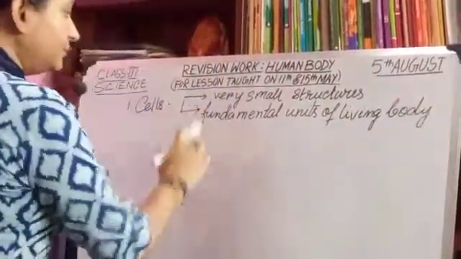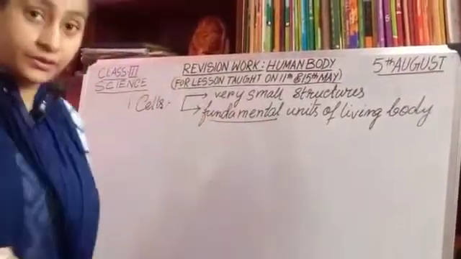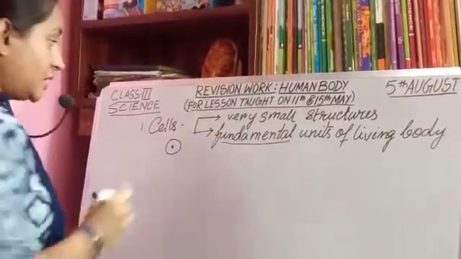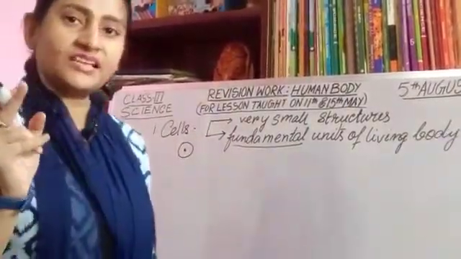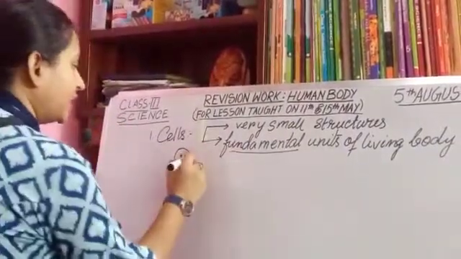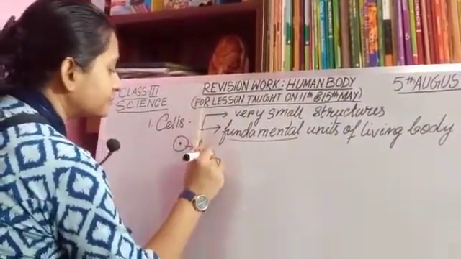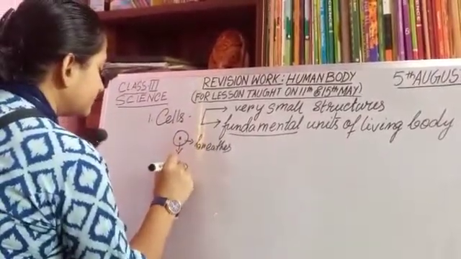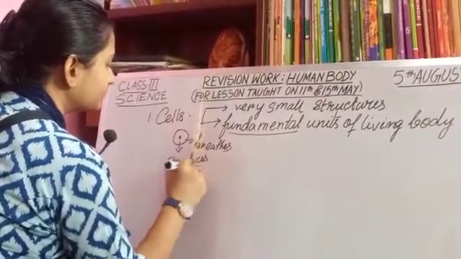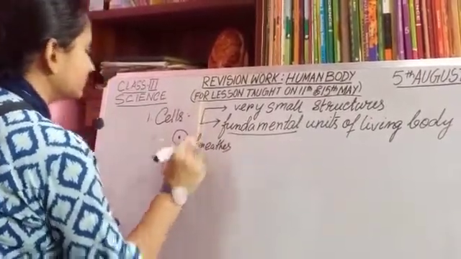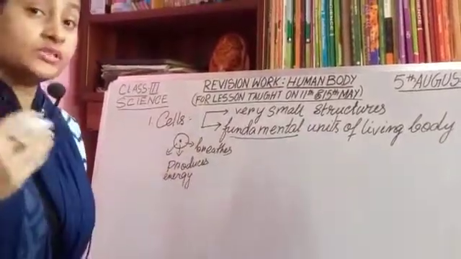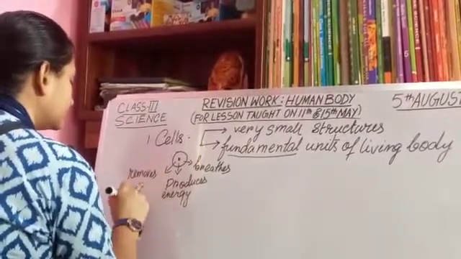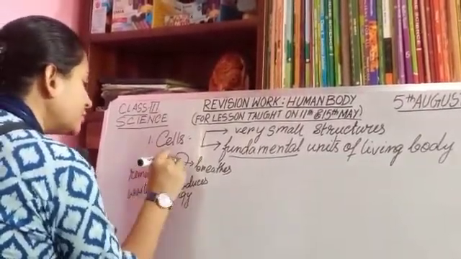Now, why fundamental? A single living cell, this is a cell, can perform all the vital activities of life, right? It can breathe, it can produce energy, it throws out wastes, and it can reproduce.